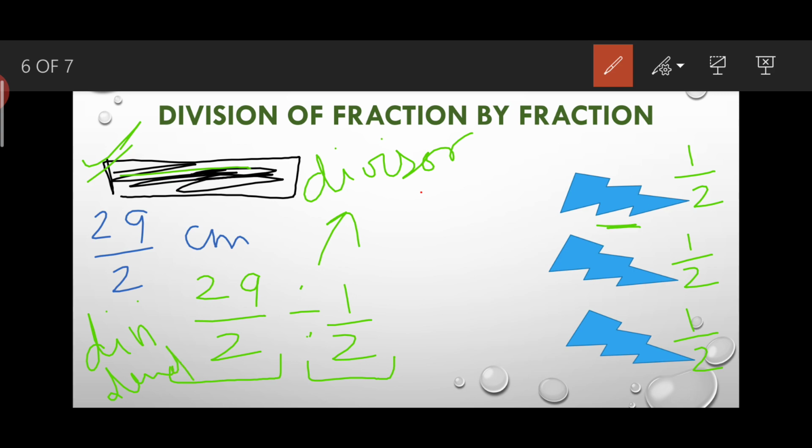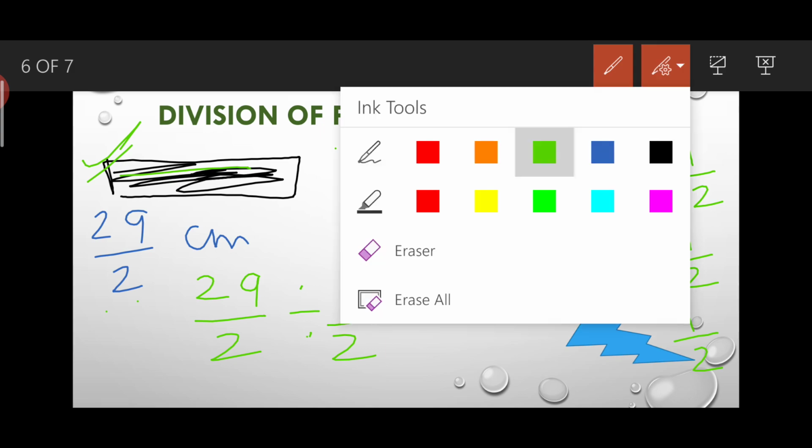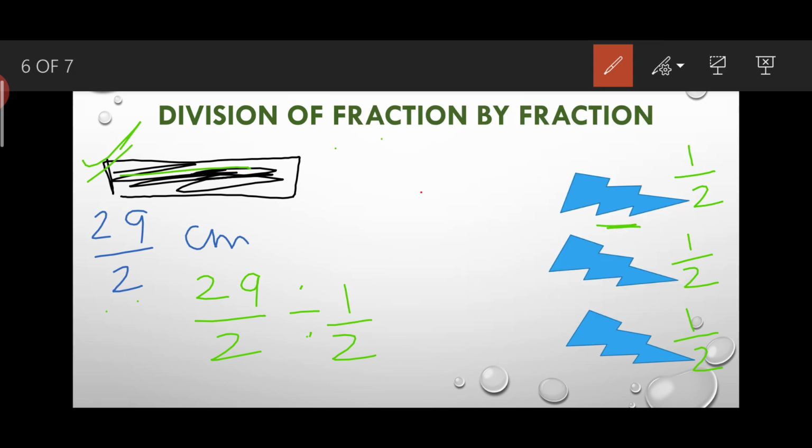And in the case of division, I have told you, you have to replace the division sign by multiplication, and you have to take the reciprocal of the divisor. So what will you do here? You have to write 29 upon 2 as it is, because 1 by 2 here is the divisor, so you have to take the reciprocal of the divisor.